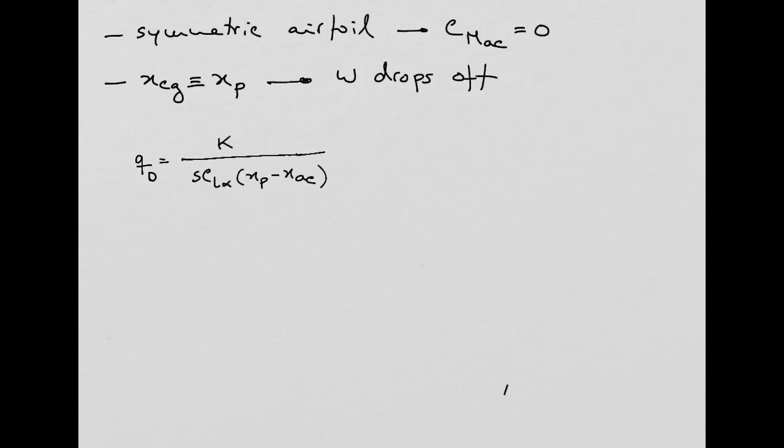I'm going to use this equation because I want to get my torsional stiffness, which is going to be given by the divergent dynamic pressure times the area, the slope of lift coefficient, times xp minus xac. Okay?